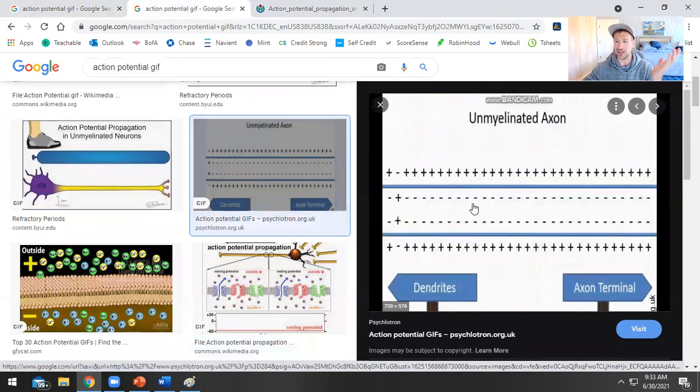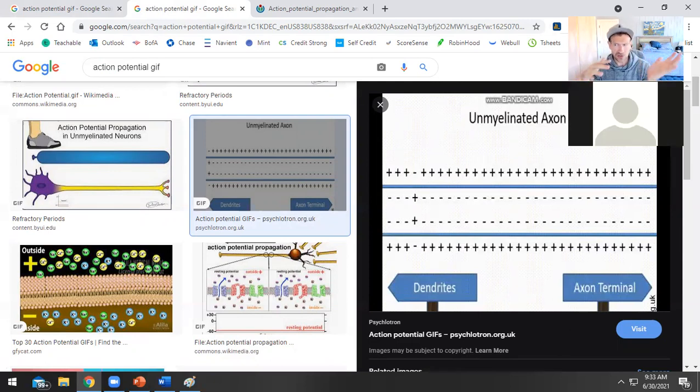Remember, nature hates gradients. This creates a gradient where there's a lot of stuff on one side and very little on the other, so it naturally wants to move the other way. How do we resist that? We burn up ATP. ATP is what causes those channels to move and shoves the sodium and potassium in their different directions. This is also one of the reasons why, if you're cramping up, they'll say go eat a banana.